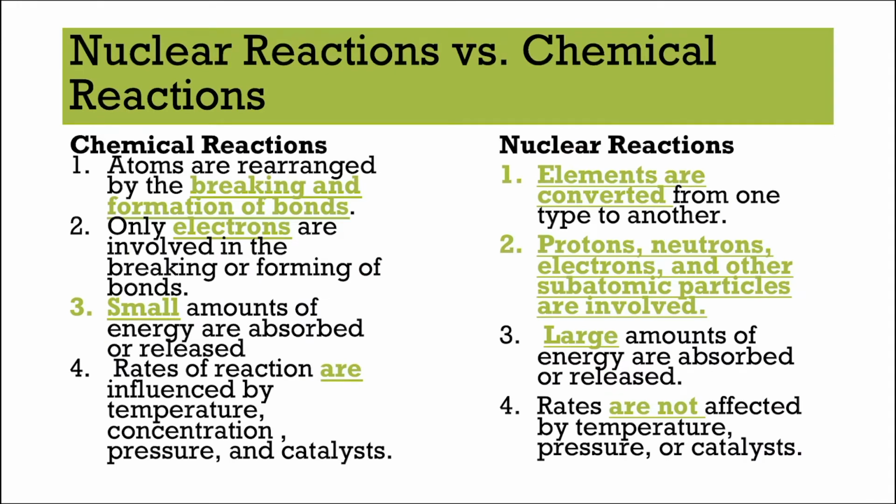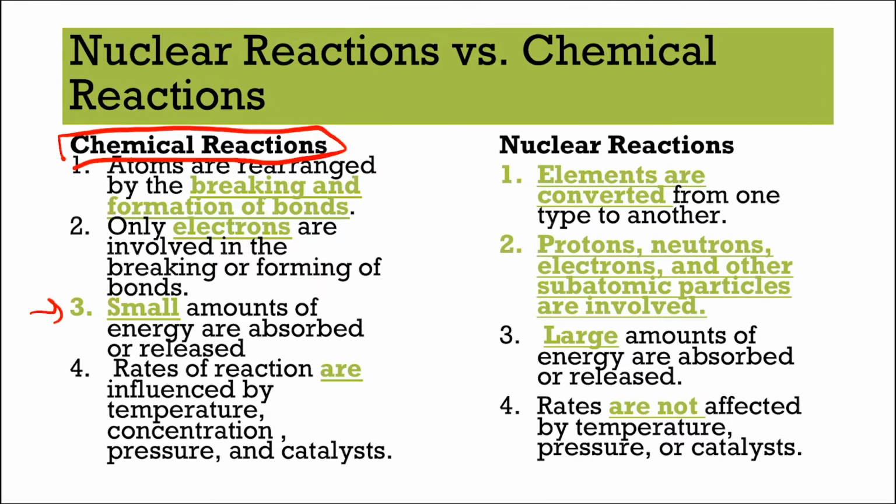So this slide kind of puts together what we know so far about chemical reactions and how our nuclear reactions are different. When we're talking about chemical reactions, we're talking about atoms being rearranged to form different compounds. And when these elements bond, we're talking about how these electrons are shared, or how they're transferred to form these different compounds.